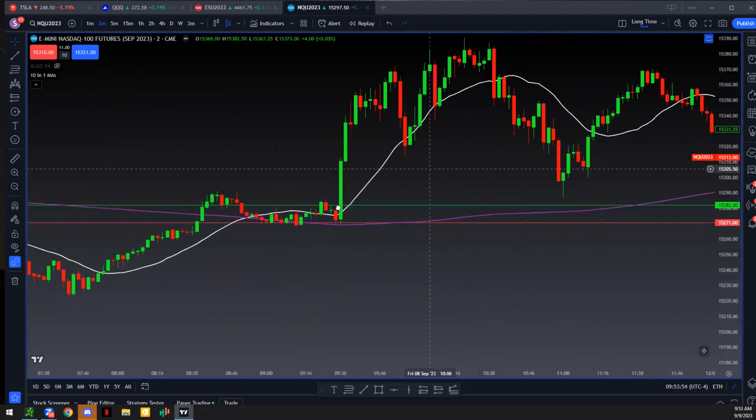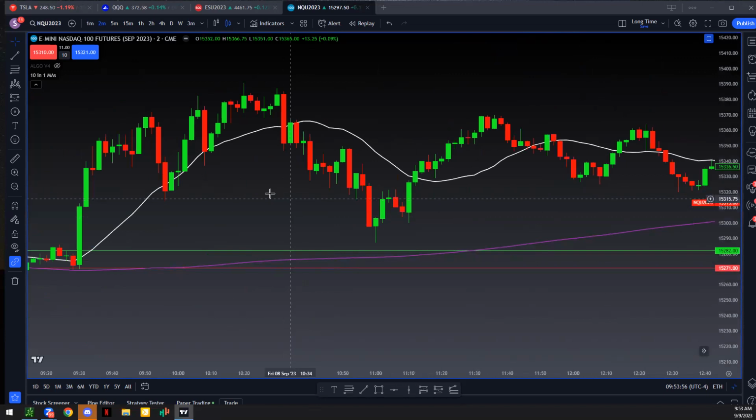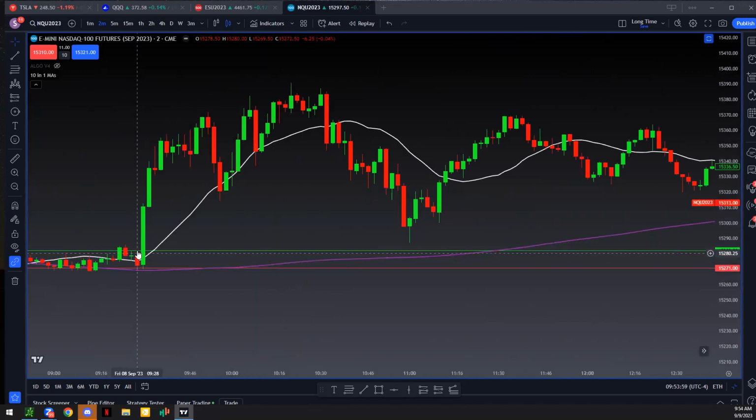I went over it earlier, but I'm gonna go over it for you real quick again. We had a nice move to the upside on Friday morning, had a nice pullback here. Then the 20 is still sloping up. We had a green take out red right here. In futures, we see that red candle, we put a buy stop at the top of that red candle, and protect underneath it.